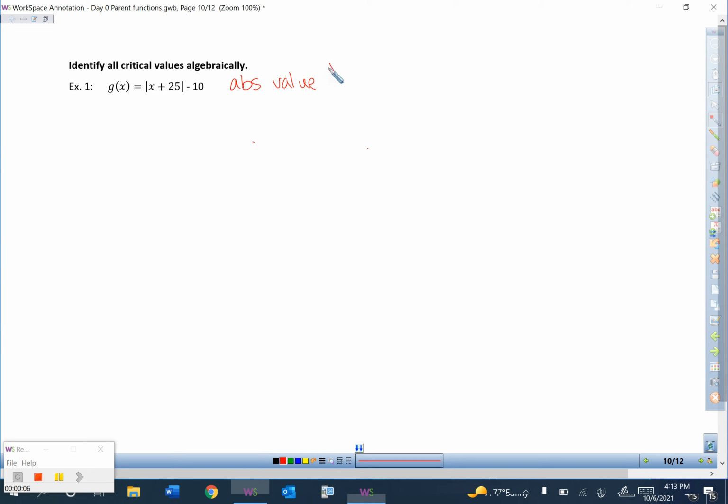Absolute value makes this V. And so when we're talking about this shape, it's very similar to a parabola. So the critical points that we're going to be looking for are y-intercepts, x-intercepts, and the vertex.